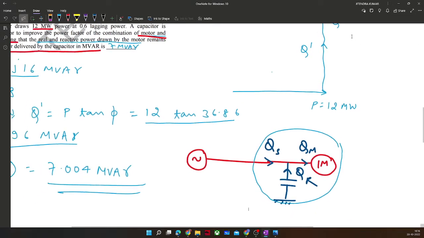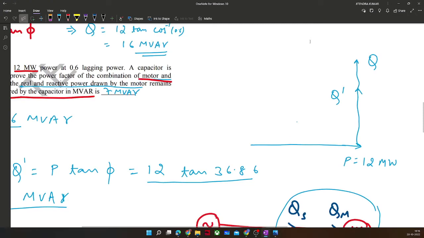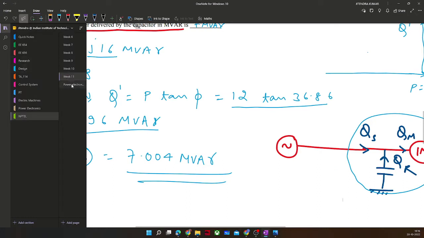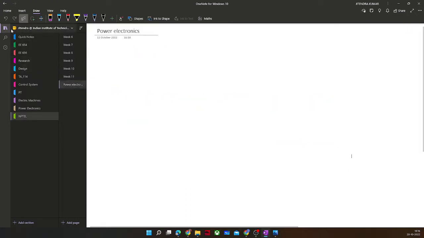Okay. So let us continue the session from the last class where I was discussing switching function, and based on that, we will continue the three-phase inverter circuit today. So let me start.